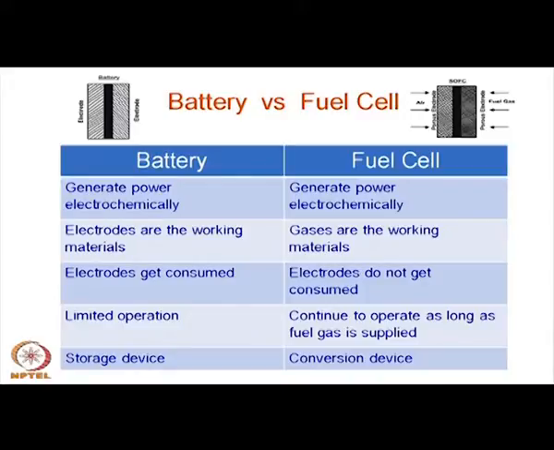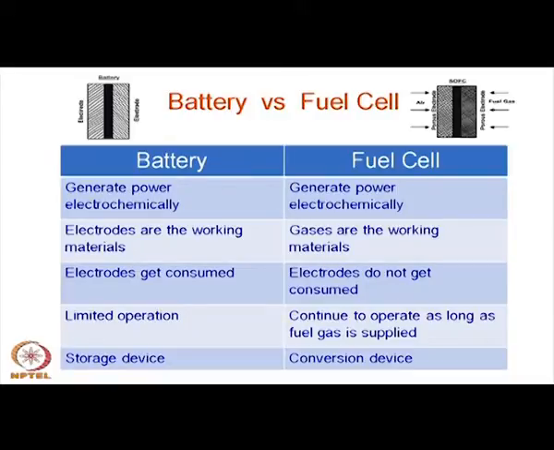Whereas in the case of a fuel cell one cannot do that, because the reactants are gases, and gases as such cannot be used as current collectors or contacts. So one needs other materials. The gases are the working materials, and therefore we need an additional set of materials to act as electrical contacts or current collectors.